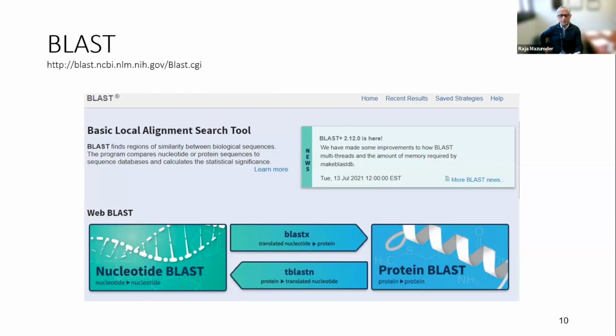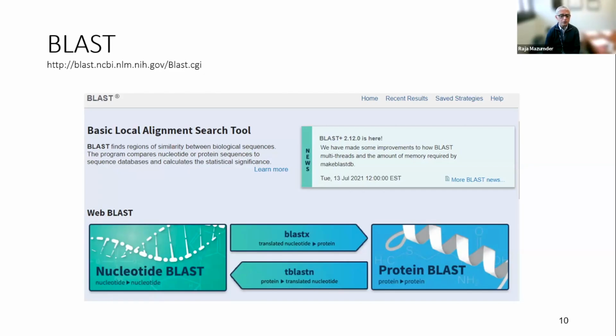Of course, protein BLAST is still one of the most used methods, and even nucleotide BLAST is still considered the gold standard in alignments for looking for homologous sequences. Even though there are lots of other aligners, including short read aligners and so on, you would end up sometimes just running BLAST on a small number. It's very computationally heavy, so you can't do it for millions and millions of reads, for example.